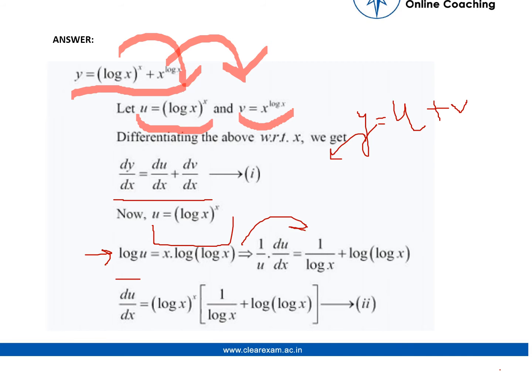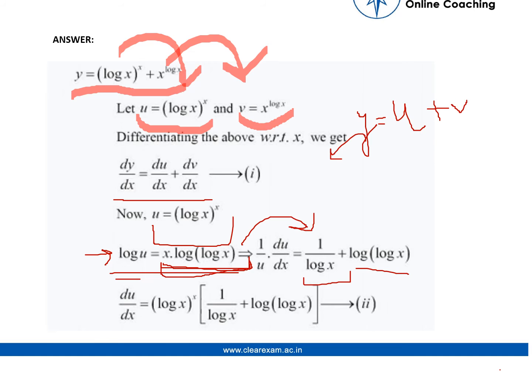Now we are taking the differentiation of this equation. We get the differentiation of log u is 1 by u into du by dx, because we are differentiating with respect to x, and here we have to apply the multiplication property of derivation. We get 1 by log x plus log of log x.